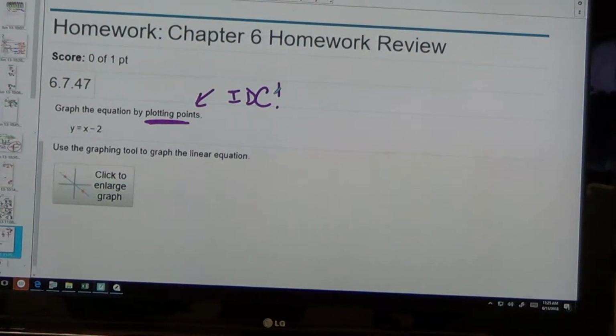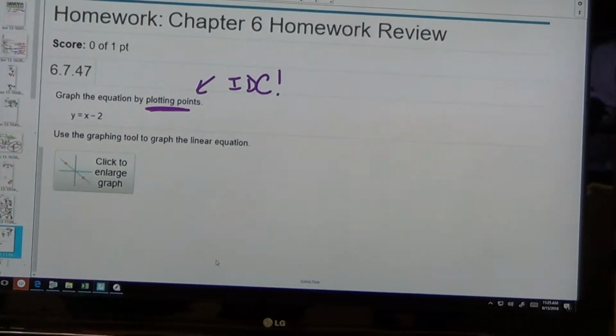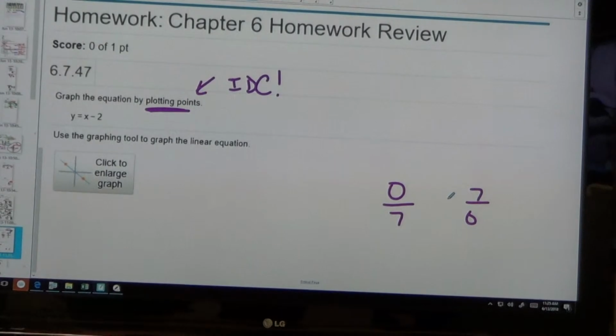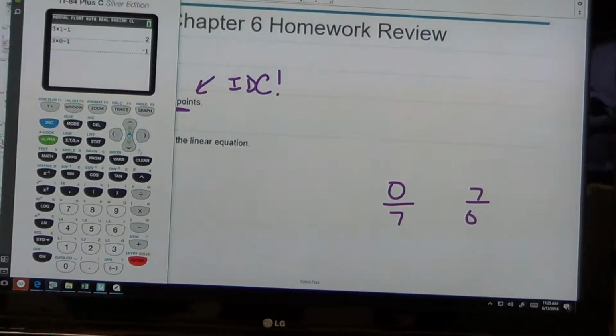Like the zero can't be on the top. If you're doing 0 over a number versus a number over 0, that's when you're finding the slope. So if you go to your calculator and you do 0 over 7, that's gonna give you 0.